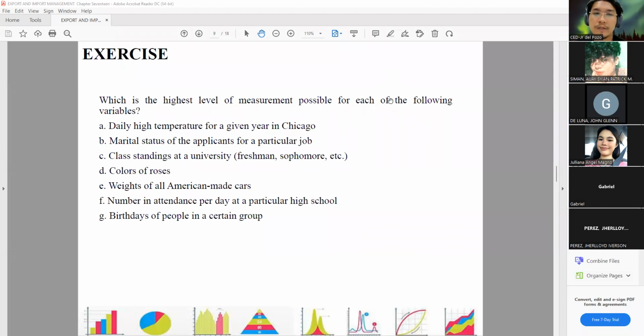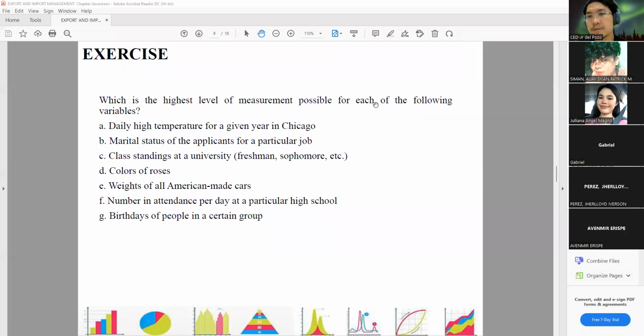Letter D, colors of roses. Nominal. Letter E, weight of all American-made cars. Continuous, yes.